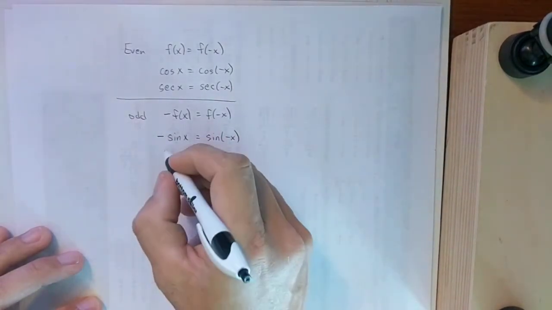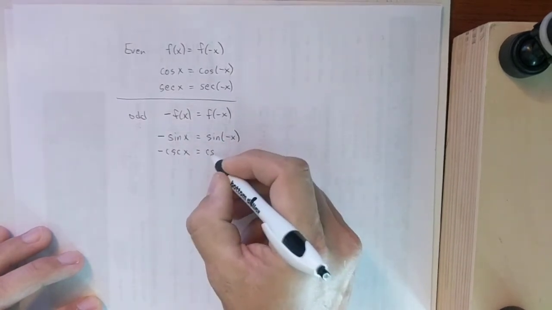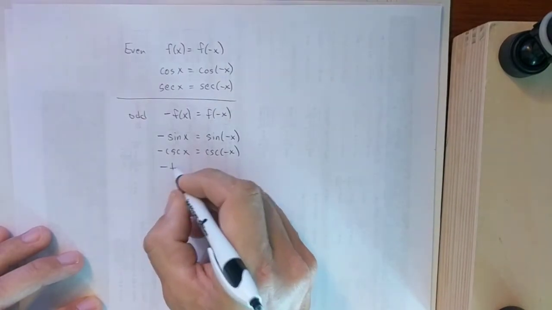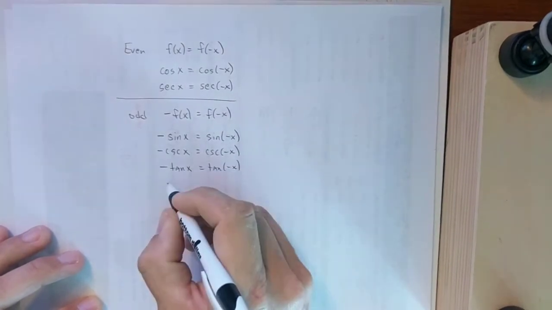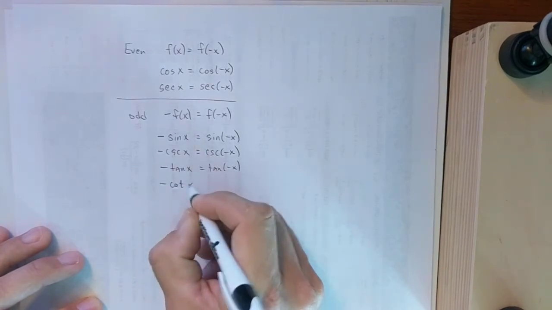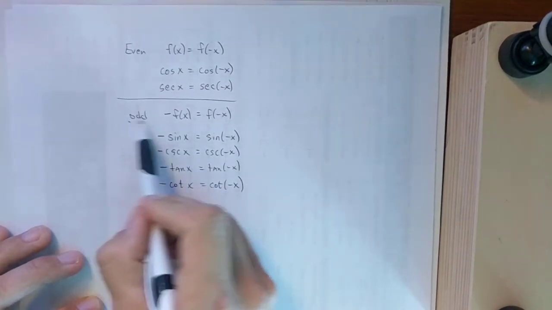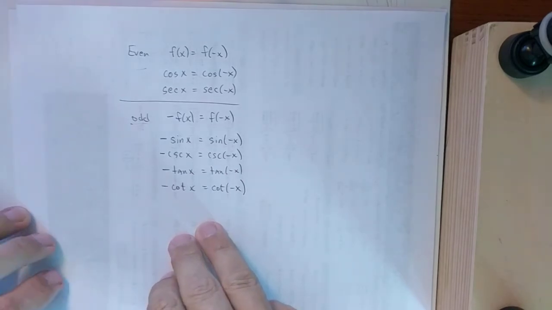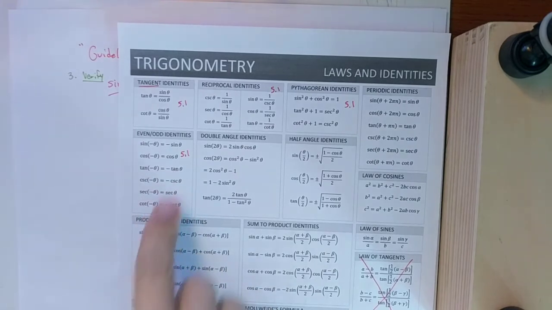These are called odd functions, and its reciprocal does the same thing, as do tangent and cotangent. You don't have to write this down, I'm just writing this down to explain why they're called even and odd. But keep in mind that all this stuff is already written here on this page, so you can see they're all written there.